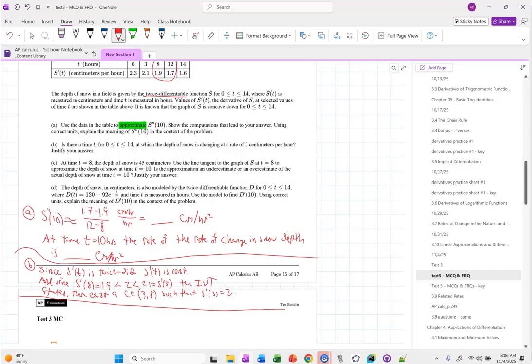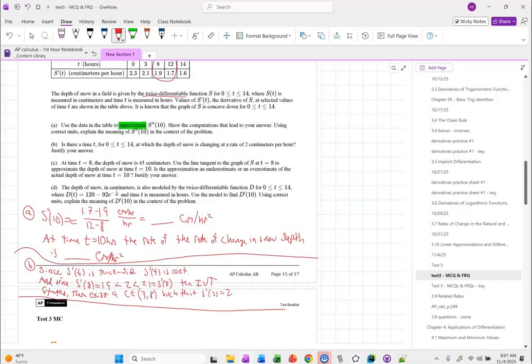C says at time t equals 8, the depth of snow is 45 centimeters. Use the tangent line to the graph of S at t equals 8 to approximate the depth of snow at t equals 10. Is the approximation an underestimate or overestimate of the actual depth of snow at time t equals 10?